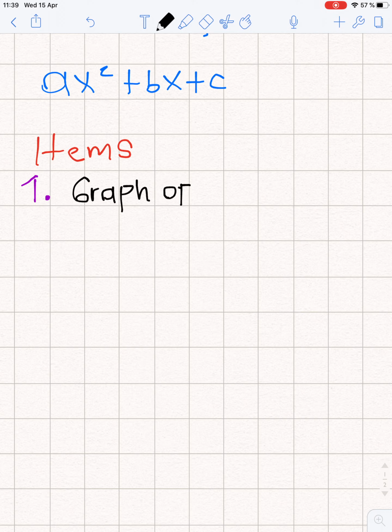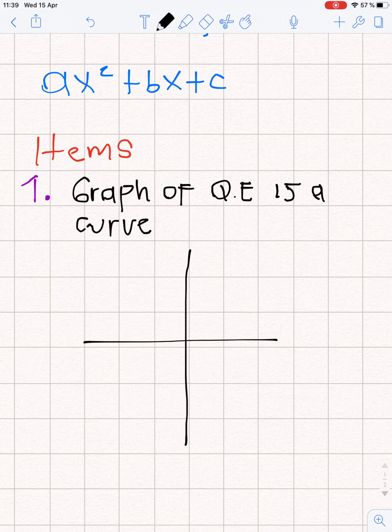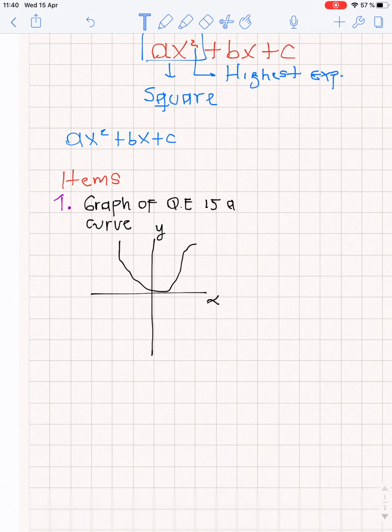We can see the curve on a coordinate plane in this way, or in this way. That is the form of a quadratic equation in a graph. That means if you see a curve, that is a quadratic equation.